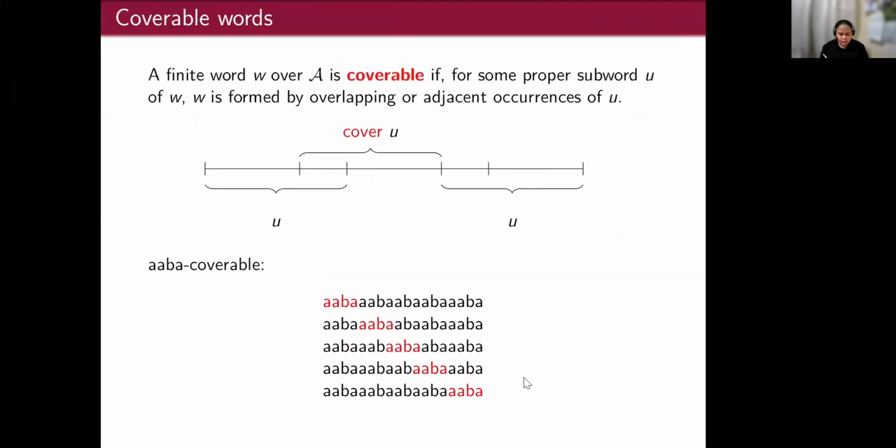Equivalently, a finite word W is coverable if U covers every position in W. In our example, if we look at this position of our word, it is covered by some occurrence of the word AABA. And so we say that our word is AABA coverable.